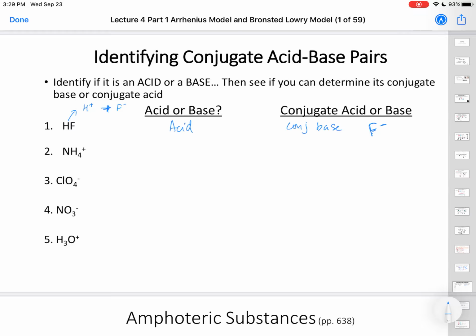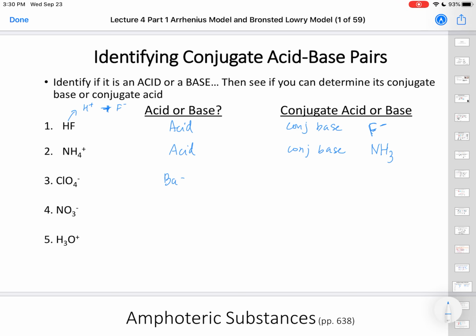Actually, let's just write it like this, okay? NH4 is, again, an acid, okay? So therefore the conjugate base is your NH4 minus an H plus, so therefore it's NH3 instead of NH4, and you're dropping more negative in charge, so it becomes NH3, no charge, okay?